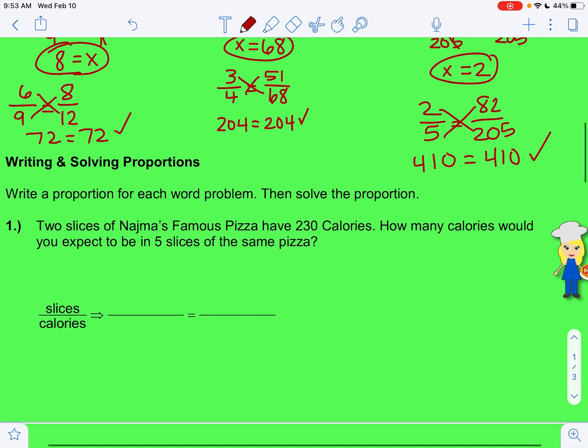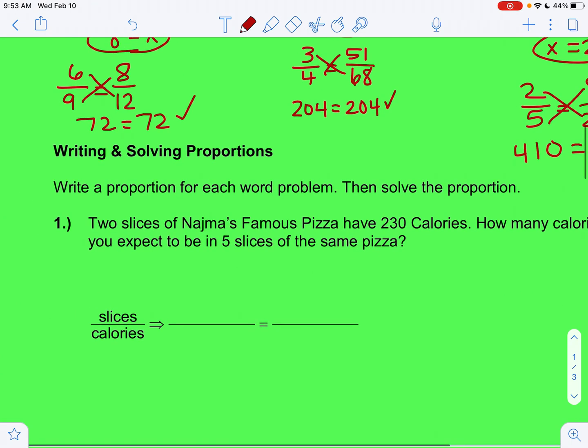Okay, 2 slices of Najma's famous pizza have 230 calories. How many calories would you expect to be in 5 slices of the same pizza? Alright, so there was a lot of important things in those 2 sentences. So our first one is 2 slices of Najma's famous pizza have 230 calories.